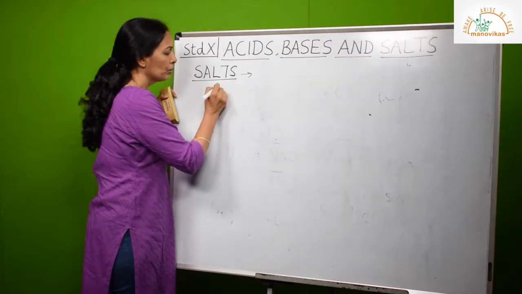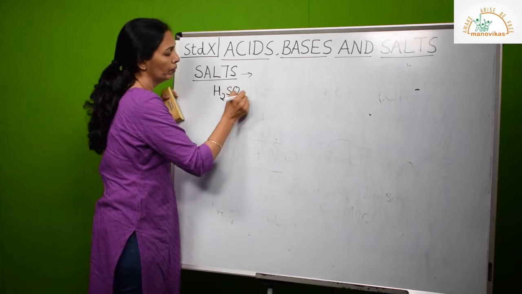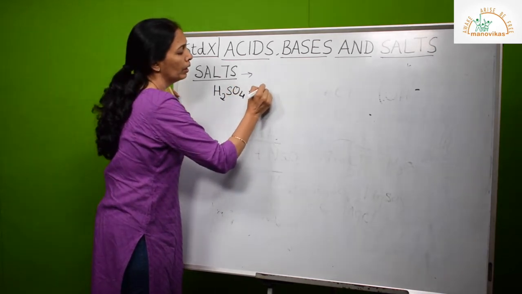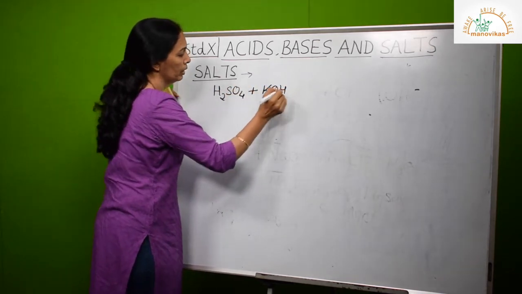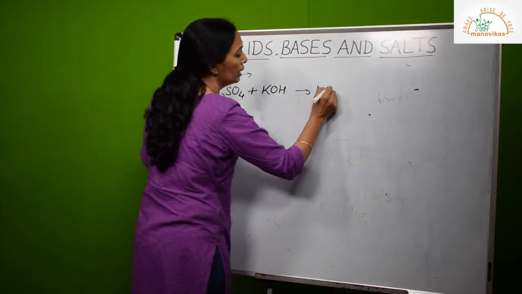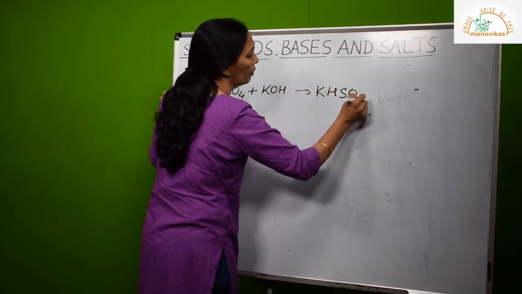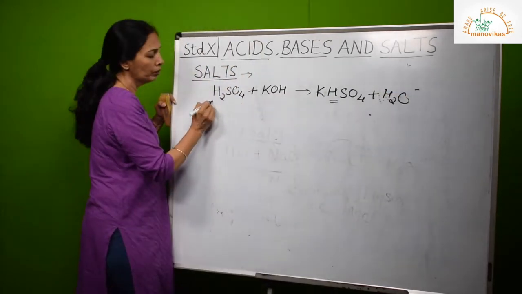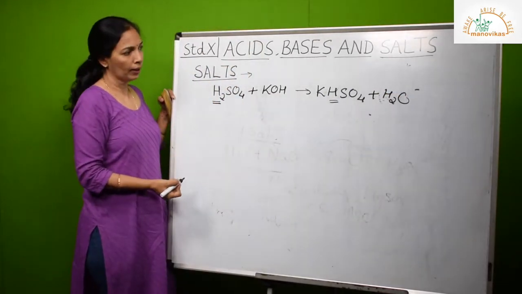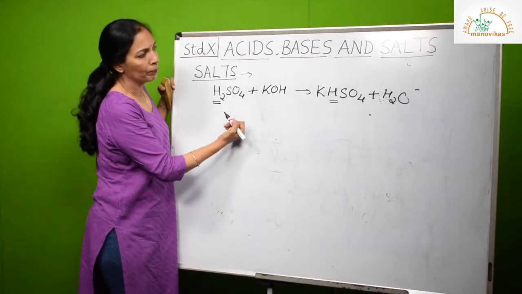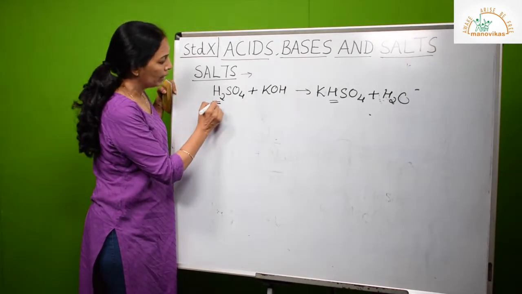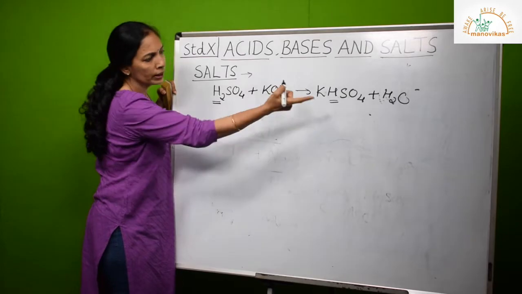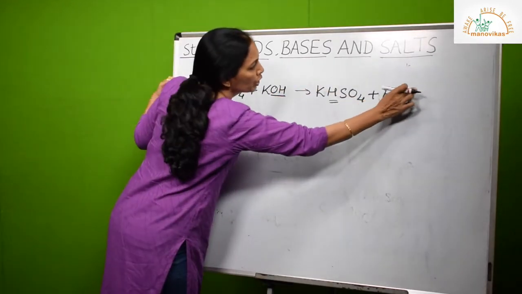So H2SO4, if it reacts with KOH, it will give KHSO4 plus H2O. Now look here. Out of these two replaceable hydrogen ions, only one is replaced, and that one H is combined with this OH and has come out in the form of H2O.